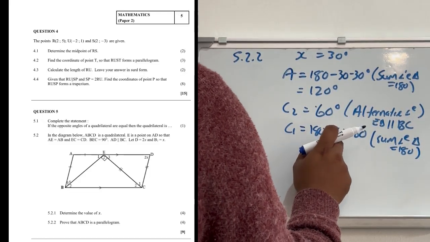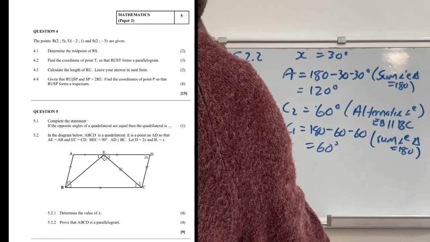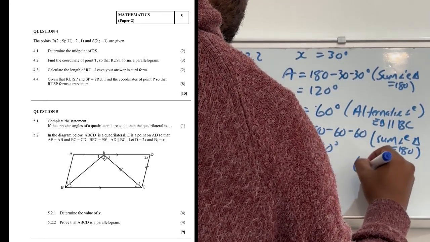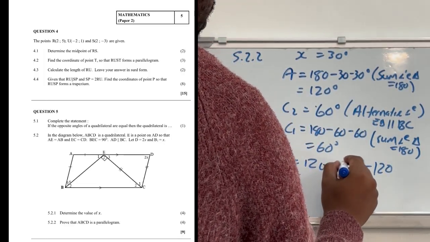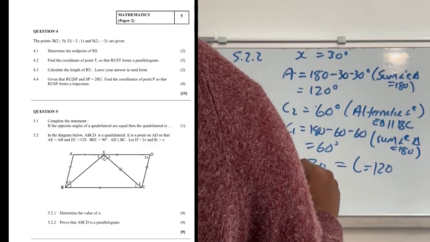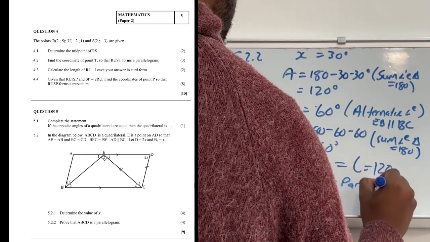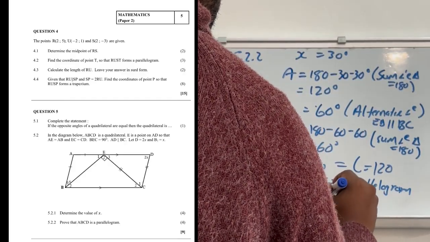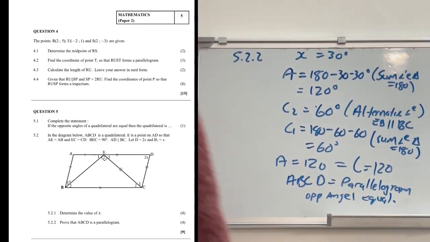So 180 minus 120 is 60. Now we can see that A is 120 and the whole of C is 60 plus 60, which is 120. So A is equal to C, which means ABCD is a parallelogram. Why? Because opposite angles are equal. That's how we determine it.